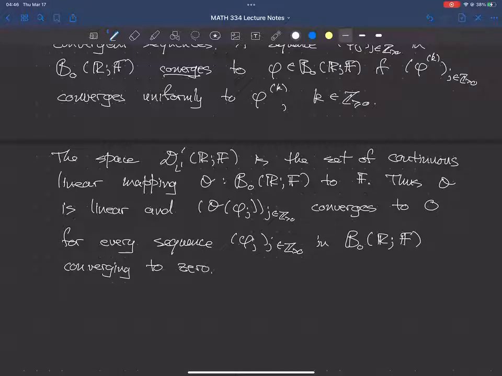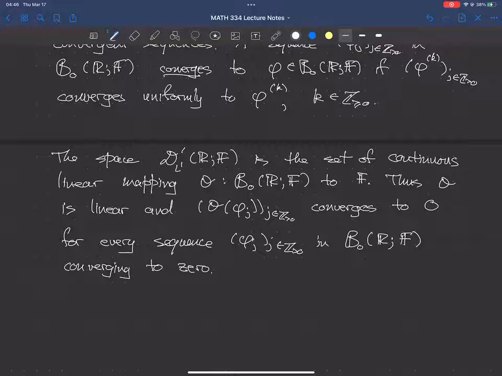So the definition in words is exactly the same as our definition of D prime. The only thing that changes is the meaning of that: the convergence to 0 is not in D, but in this new space that we introduced, B0. Other than that, the definition is structurally the same as it is for distributions. Continuous linear functions, and it's the meaning of the word continuous that you have to think about here.